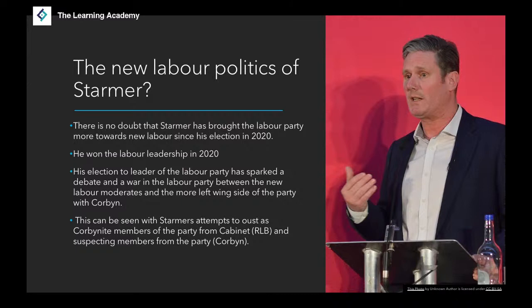Now, the nuance behind this anti-Semitism fiasco within the Labour Party is very difficult. You have to remember that anti-Semitism was a very big issue when it came to the 2019 general election.